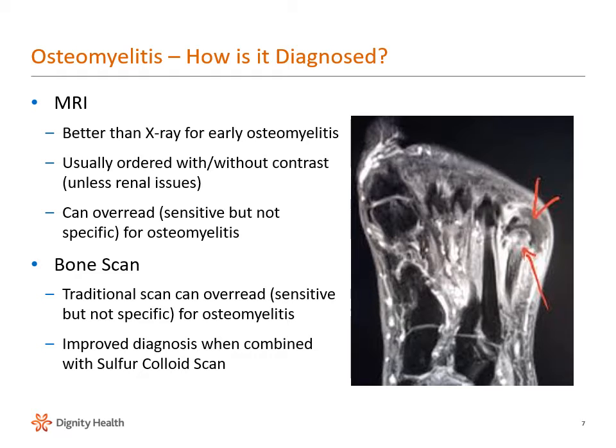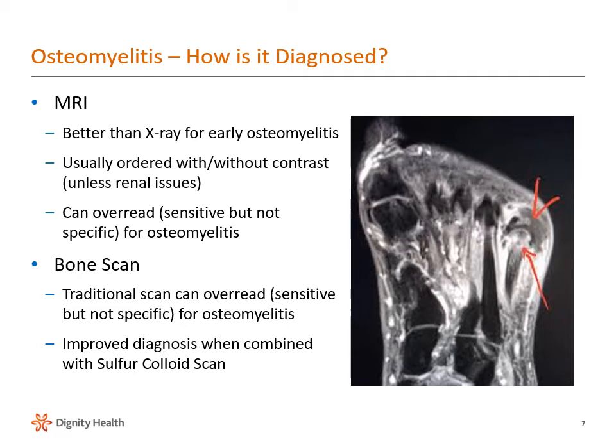Bone scans can be helpful. A traditional bone scan will light up hot over an area of increased bone marrow turnover, such as when there's a bone infection. But sometimes other conditions, again, can cause a positive bone scan.